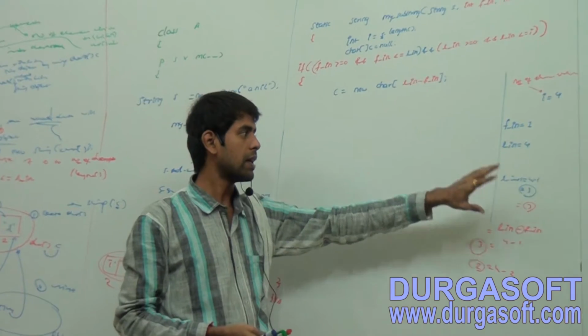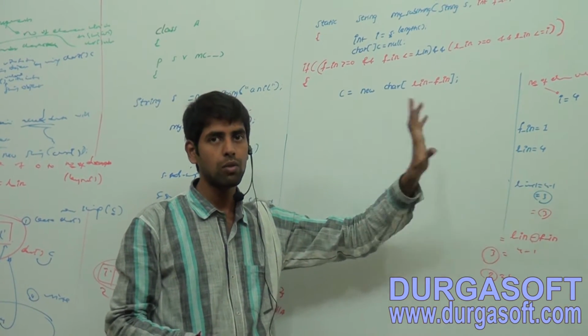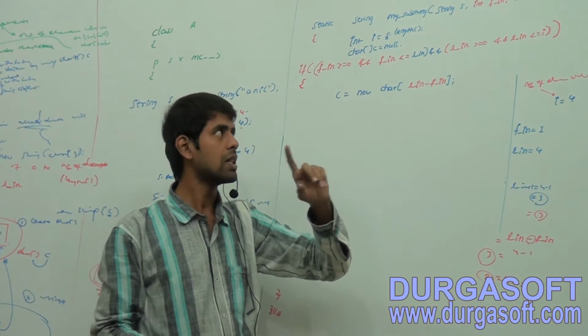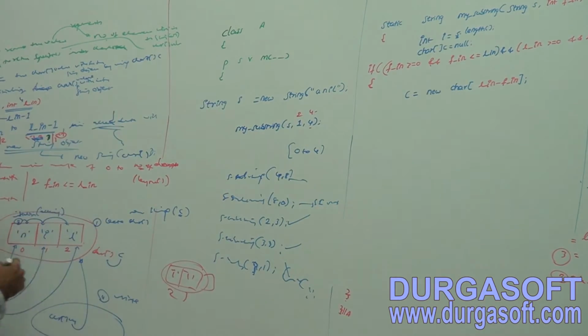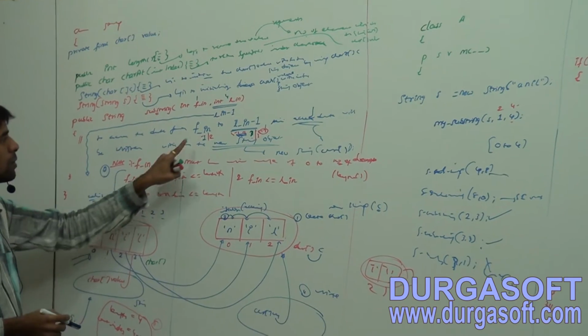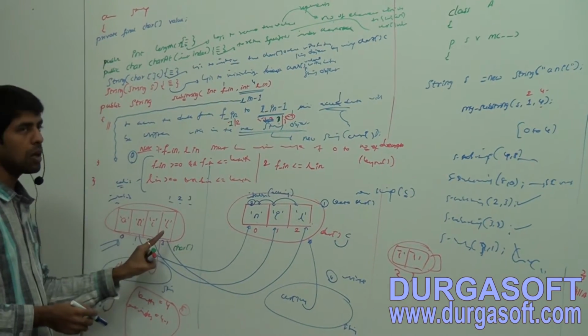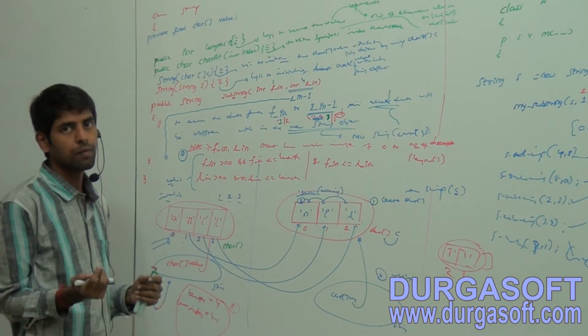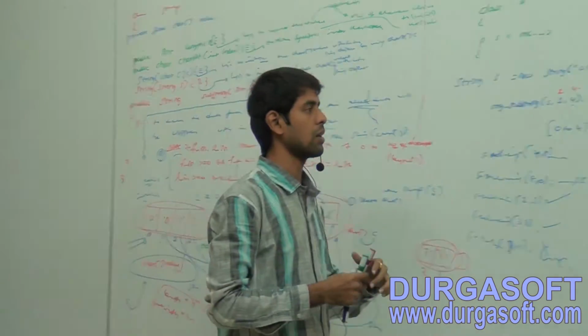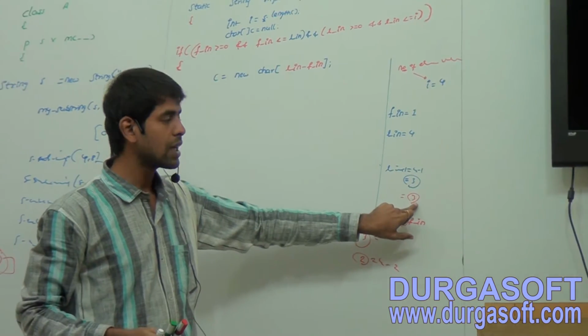If I take last index minus 1, no, it will work only for one scenario. What is that? 1 comma 4. For 1 comma 4, how many blocks? 1 2 3, 3 blocks. It will work only for one scenario. If I use 2 comma 4, 4 minus 1 means once again 3.